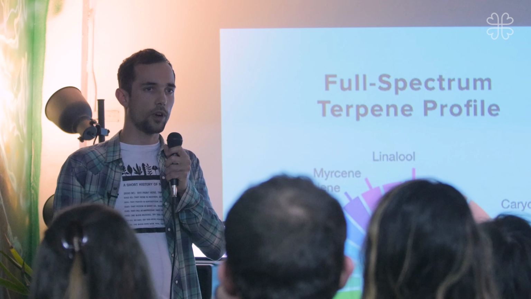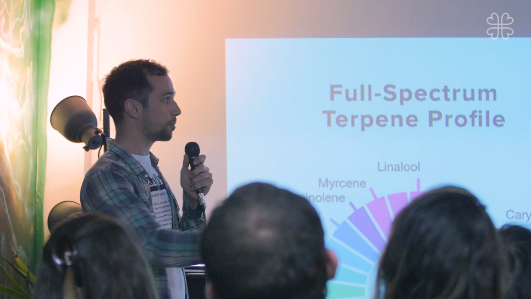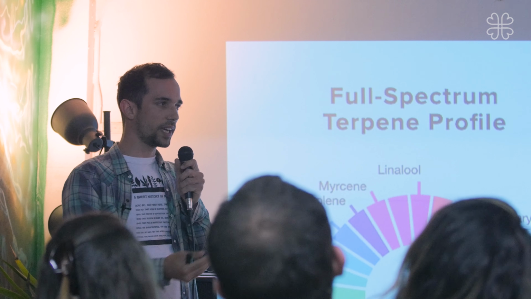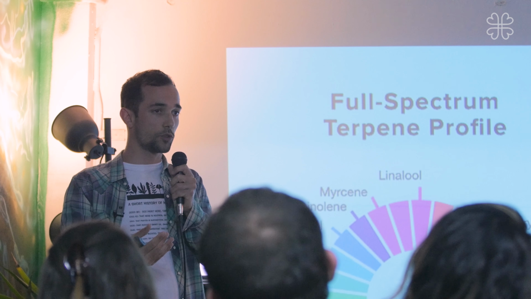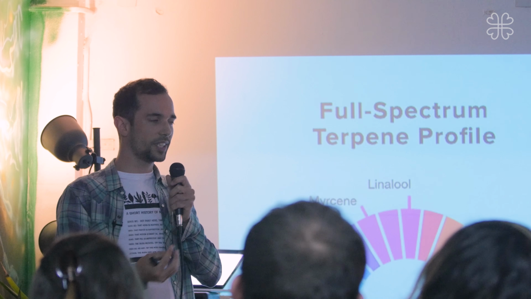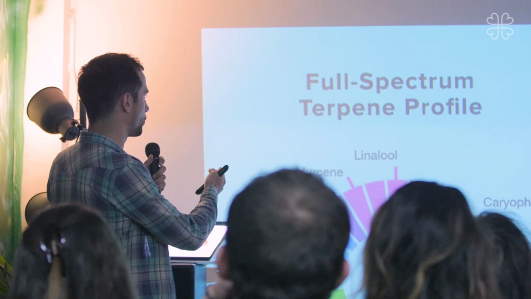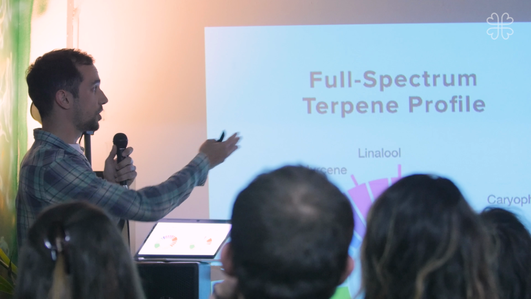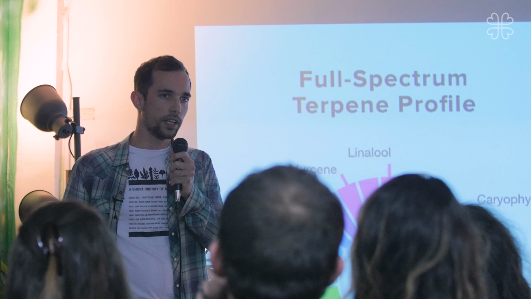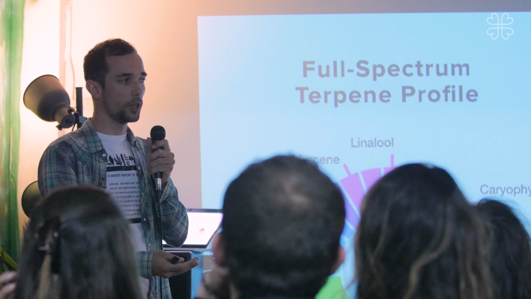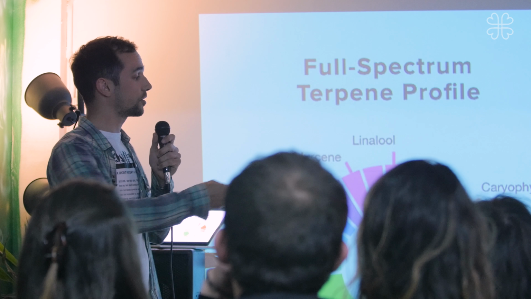However, more and more people are just using a partial spectrum terpene profile, where you just select 4 or 5 terpenes, the most important ones. So you can keep the flavors, but the flavors won't be as deep as the full spectrum terpene profile. Obviously, the partial spectrum terpene profile is easier to make and cheaper, but that's not the best stuff available.